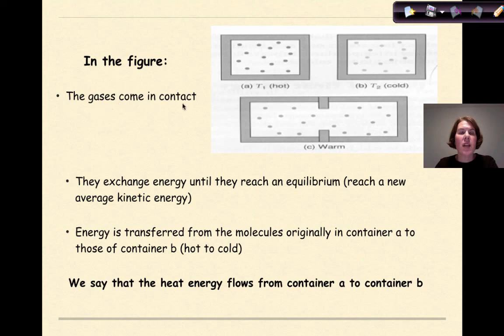So in this figure, the gases come in contact. These two boxes would come together. They exchange energy until they reach an equilibrium, in other words, reach a new average kinetic energy. Energy is transferred from the molecules originally in container A to those in container B, hot to cold. We say that the heat energy flows from container A to container B.